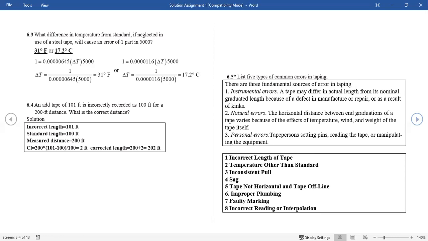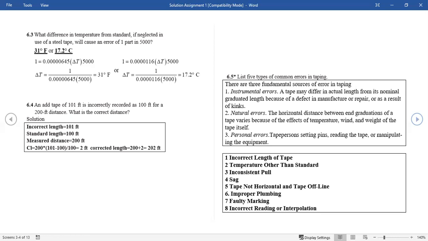The instrumental errors: the tape may differ in length because of a defect or as a result of some kinks. Then we have natural errors, because of temperature, wind, or weight effect. And then there will be personal errors, a person not competent enough to measure it correctly or read the tape, or some manipulation in the movement itself.